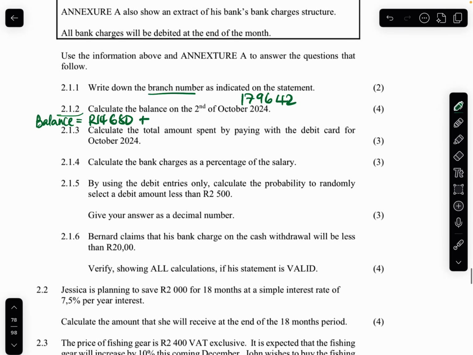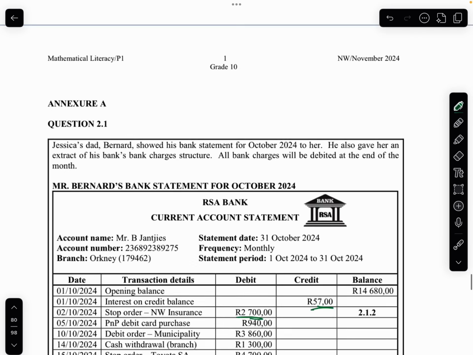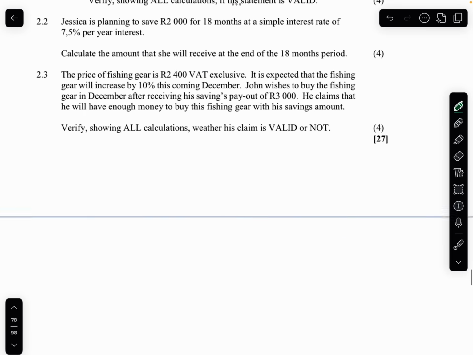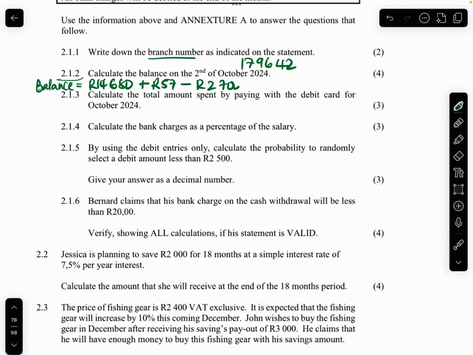It's 14,680 plus 557 rand minus, we forgot, 2,700 rands. So you punch that in the calculator. It's going to give you 12,037 rand. That's the balance that you have on the second.